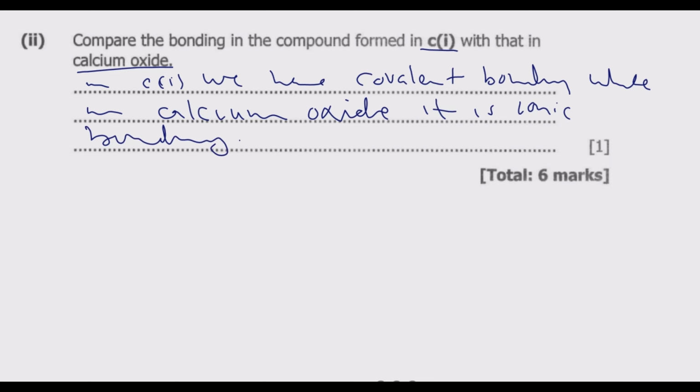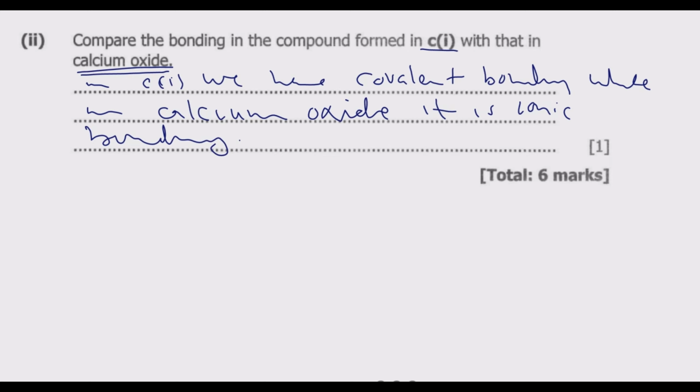They will form a bond, and that bond is known as covalent bonding. Then in calcium oxide we have calcium, which is a metal, and oxygen, which is a non-metal. These two come and form the ionic bonding. That is, calcium loses electrons which oxygen gains to make a complete outermost shell.